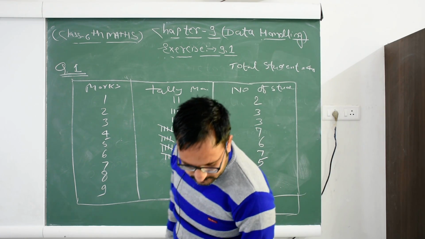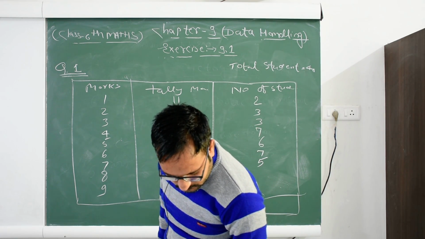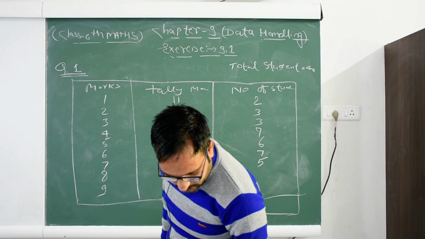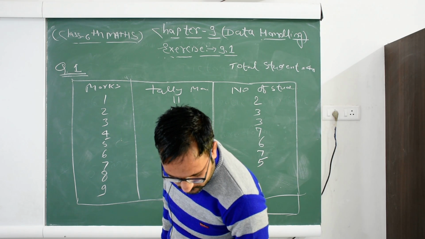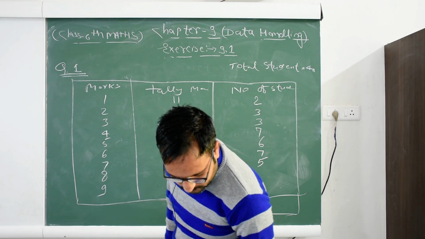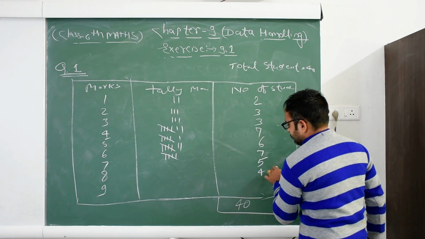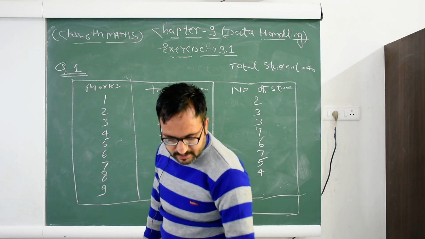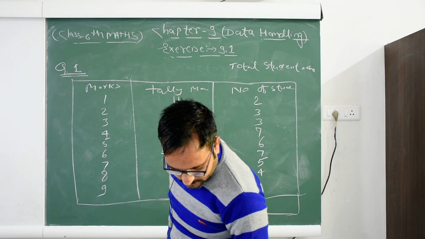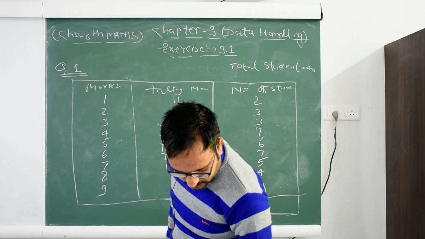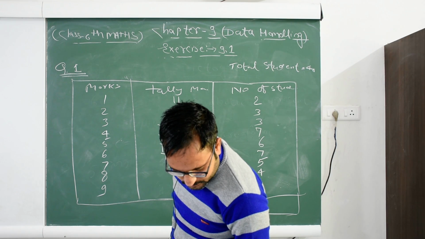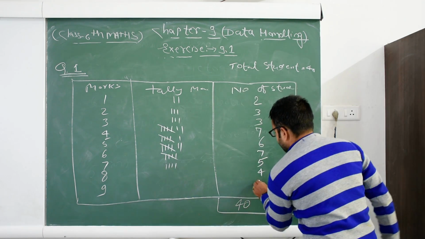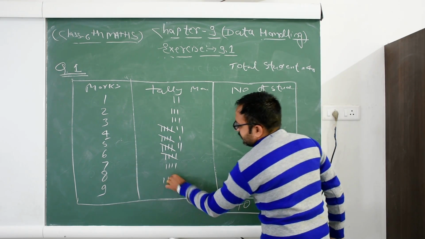Now 8. 1, 2, 3, 4 students. 1, 2, 3, 4. Okay, now 9. Last number is 9. 1, 2, 3. Only 3 students. 1, 2 and 3.